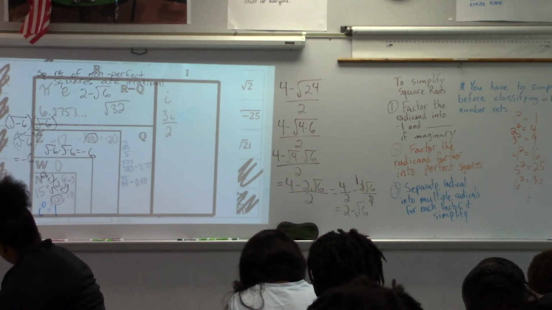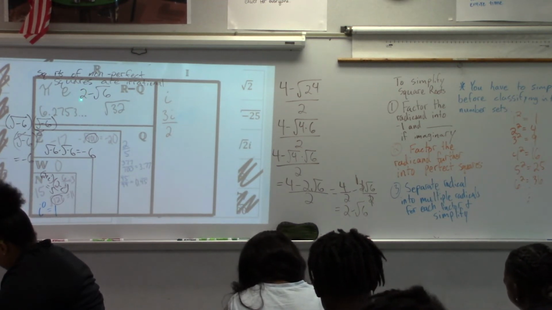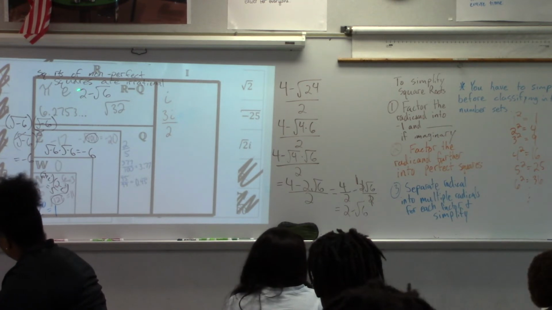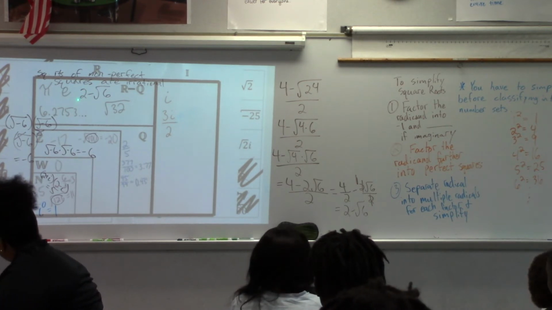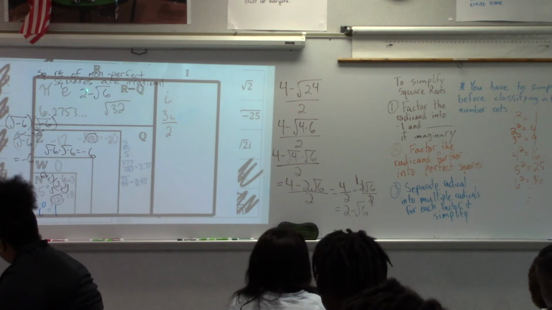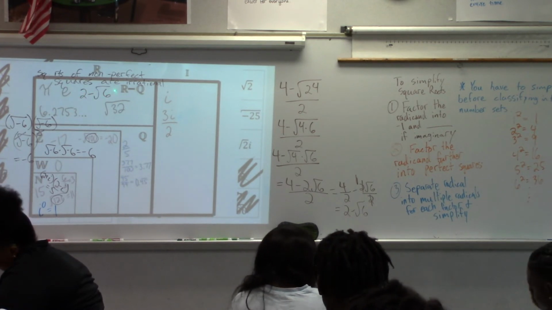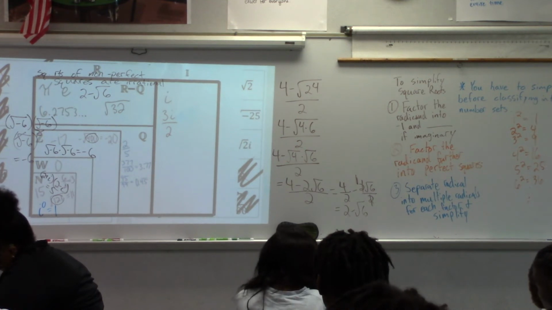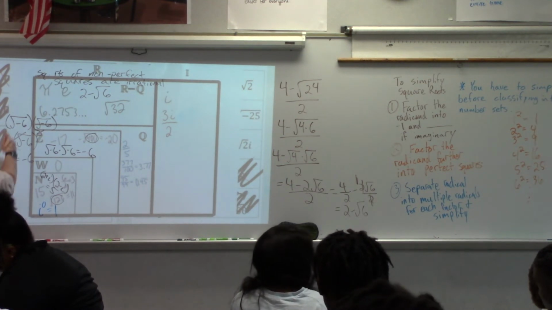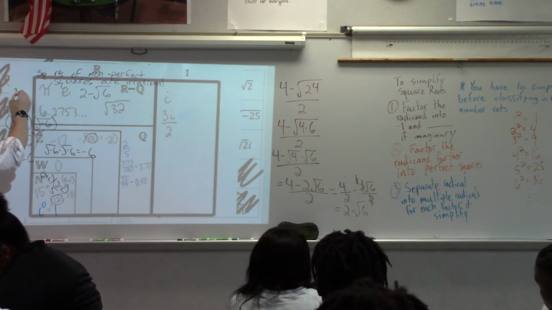Now I want to point this out here. That 2, if it was just 2, that would be what kind of number? That'd be a natural number. But by subtracting an irrational, it makes the whole thing what? Irrational. What if I had 3 square root of 7?